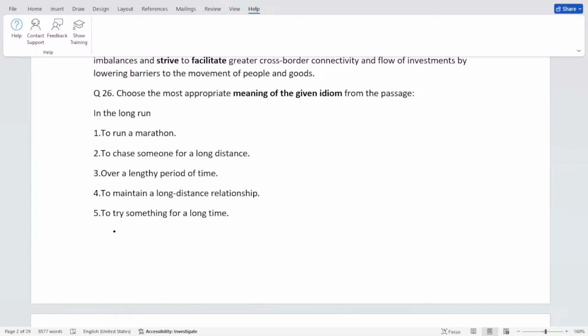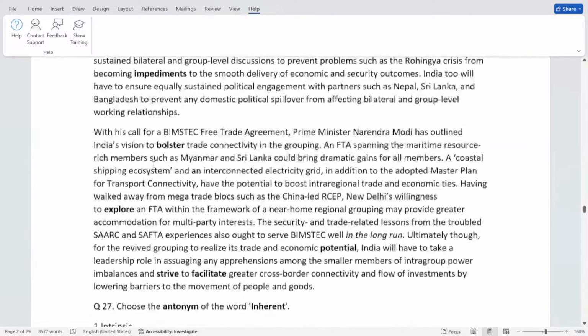These are the options they gave. Accordingly, what will be the correct answer? We have to see. Here, in the long run means it takes a lengthy time. It is going to take so many days or months or years, we can't decide, but it is a very lengthy period. So accordingly, what will be the correct answer? Over a lengthy period of time. So now we will go for the next question.